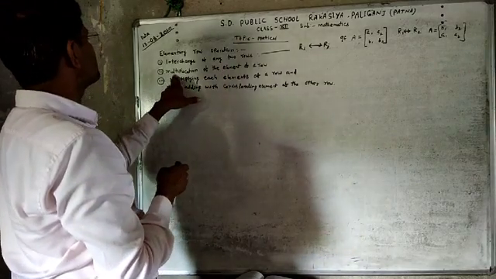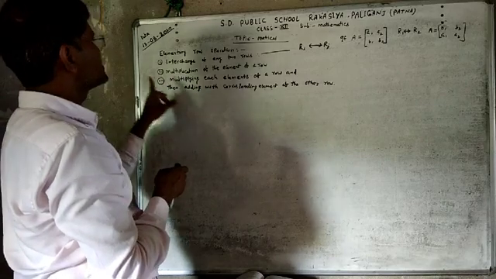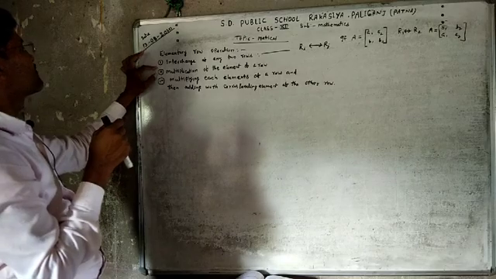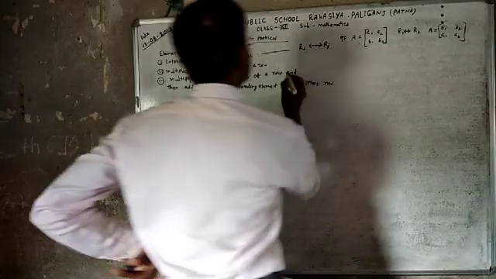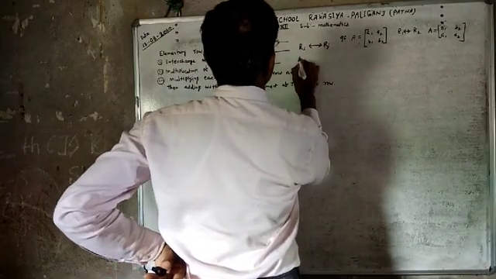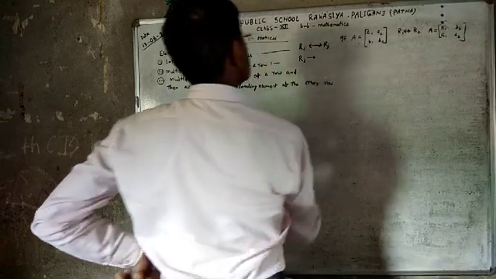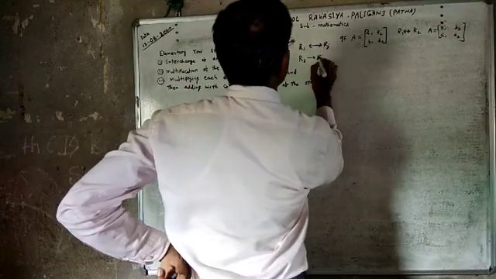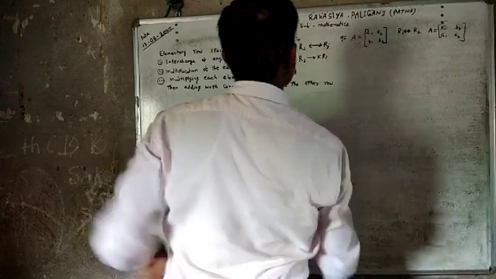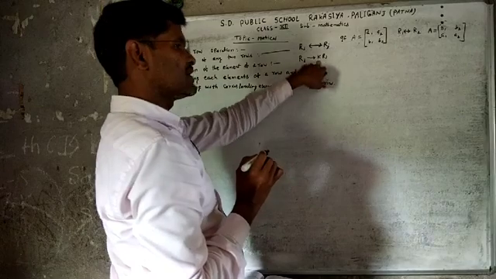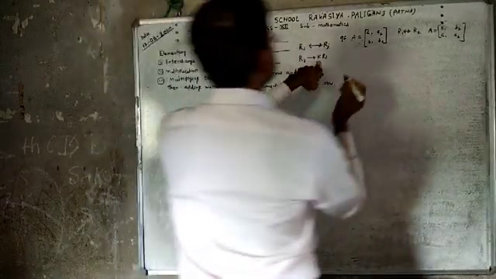If we multiply every element of a row by k, it is represented by Ri changed into kRi, which means every element of Ri is multiplied by a scalar quantity k.